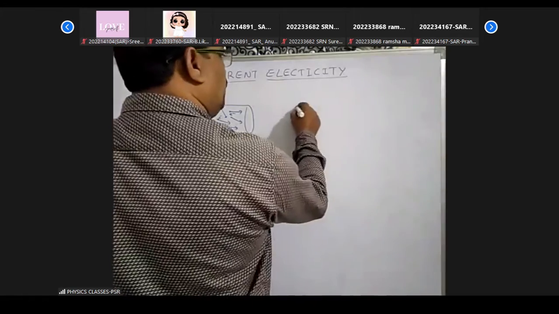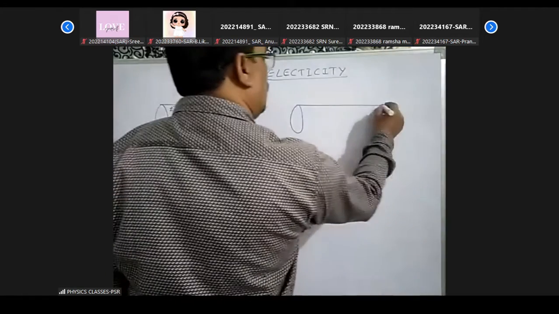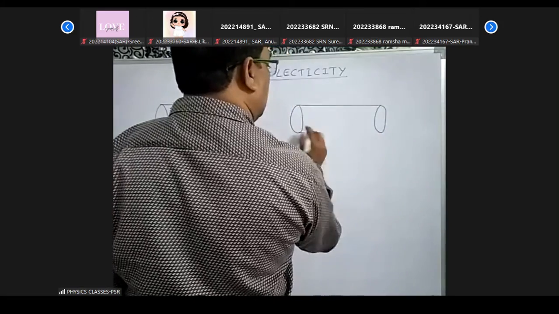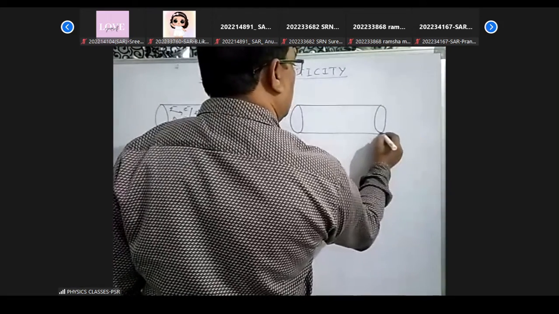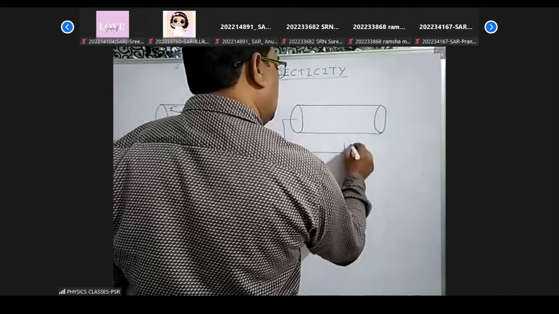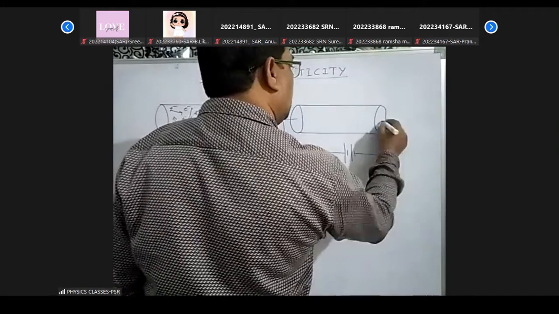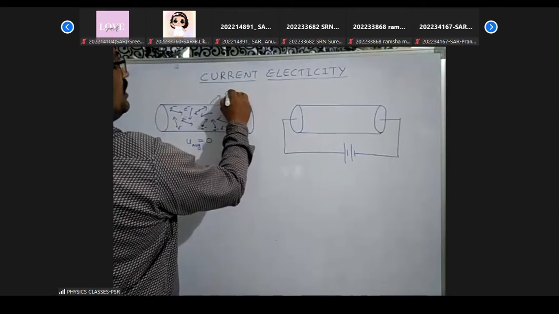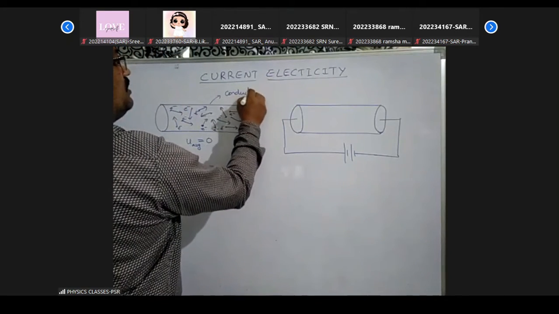At the same time, if electric potential is applied across this conductor by connecting a battery between the ends of the conductor like this, this is a metal conductor.